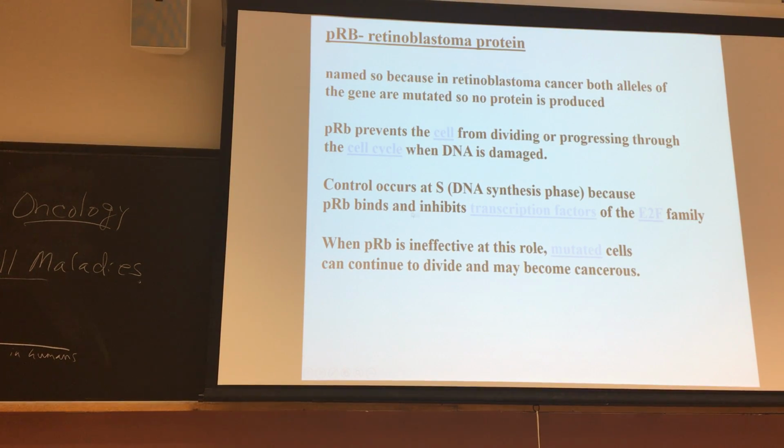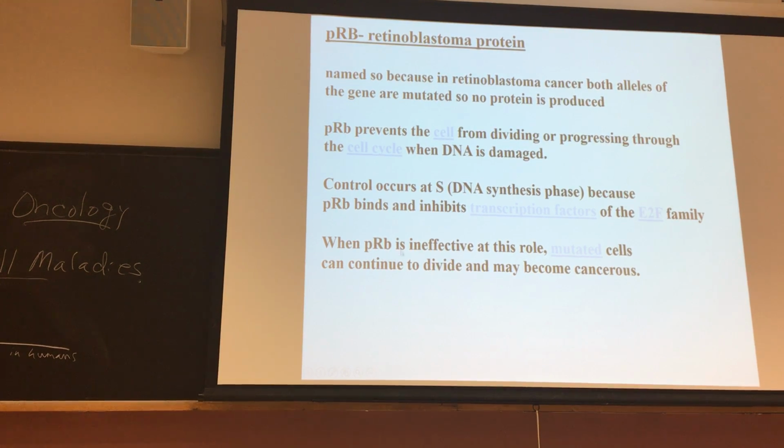Okay, I'll show you a picture of how RB actually acts. It inhibits transcription factors of the E2F family from proceeding to make proteins. And that binding is under regulatory control because this can be phosphorylated.